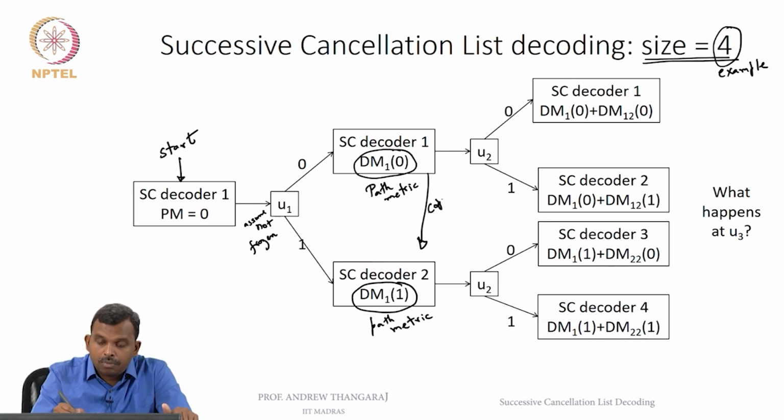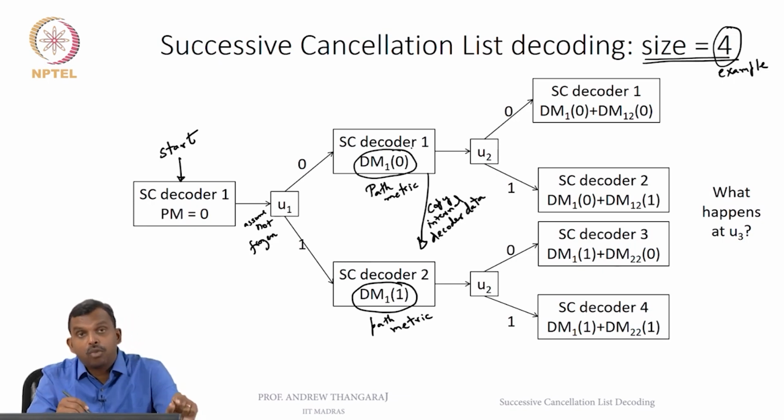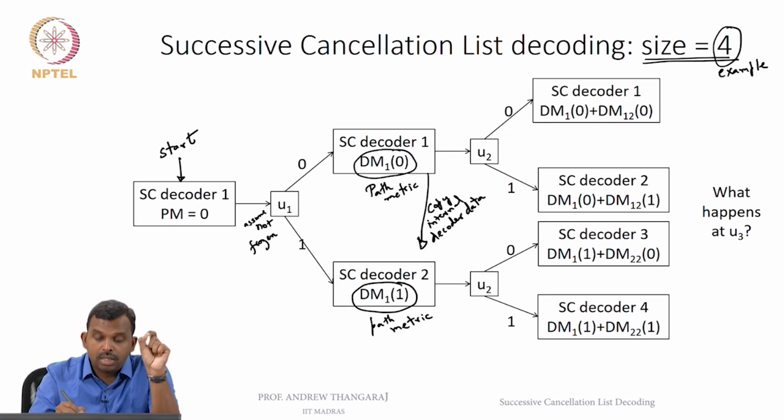So you copy the internal decoder data. This is very important. You have to copy this, except for the last decision. The last decision alone is different.